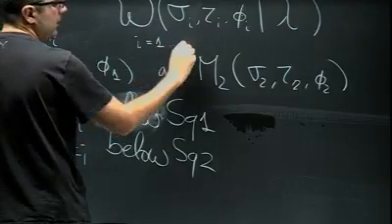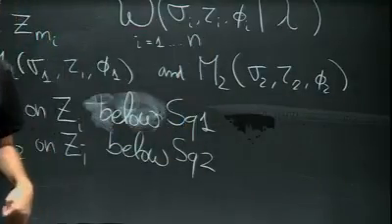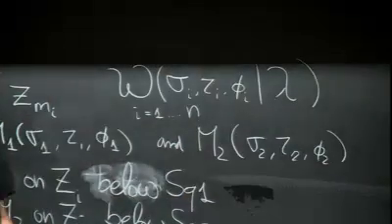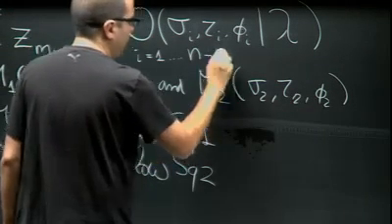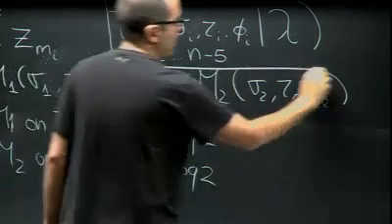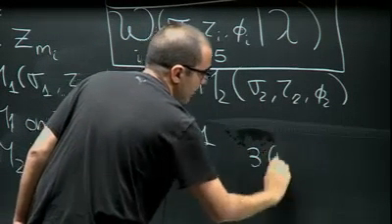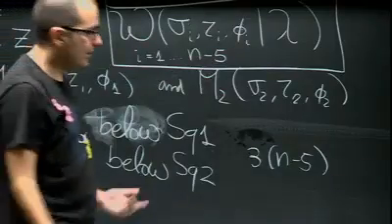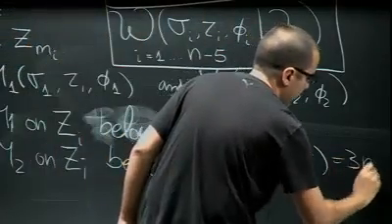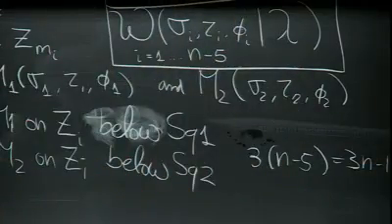From 1 to n minus 3 for the hexagon doesn't give 1. N minus 5. Right? For the hexagon, 6 gives 1. N minus 5. And how much is 3 times n minus 5? Is 3n minus 15. Okay? Which is the good number of cross ratios that we need to parameterize a polygon of n edges, as we saw in the beginning.